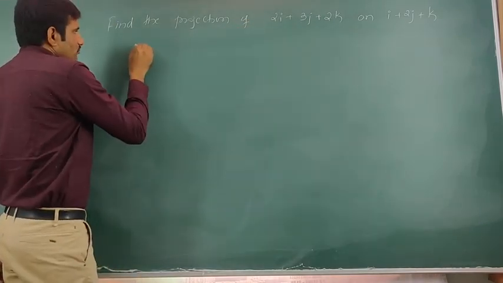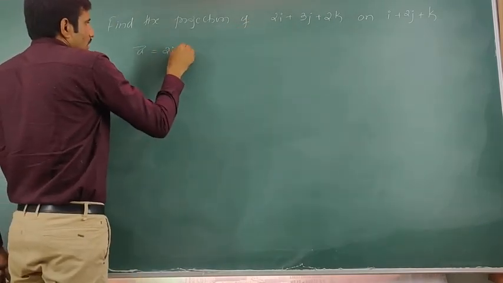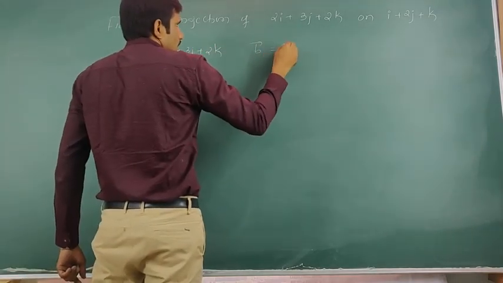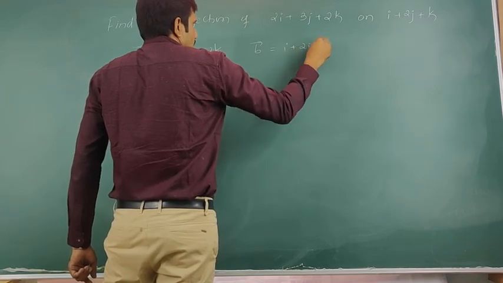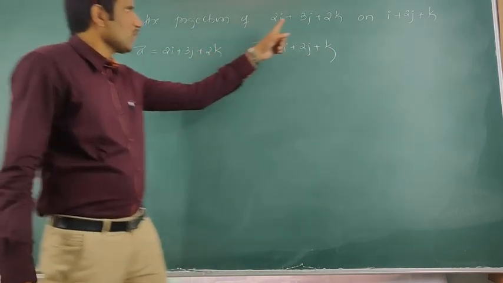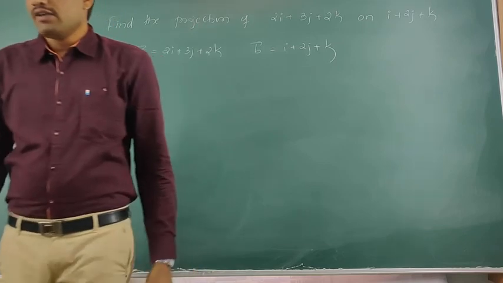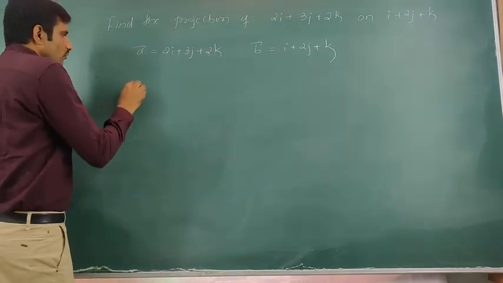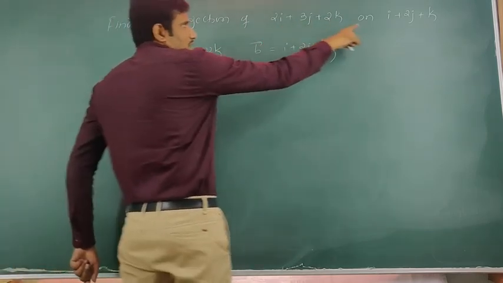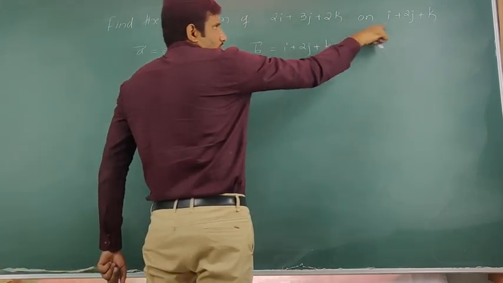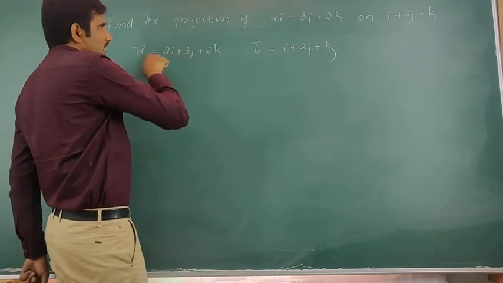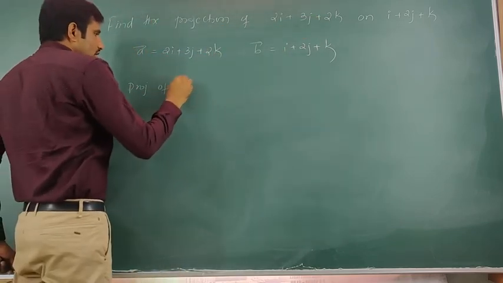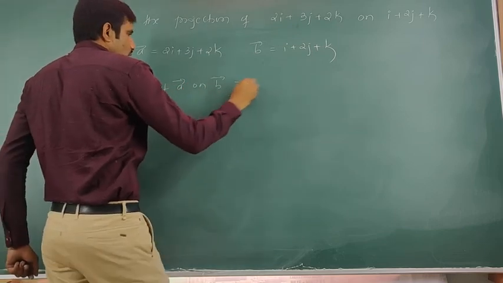The first vector is taken as vector A, which is 2i plus 3j plus 2k. The second vector is B, that is i plus 2j plus k. This is the projection of vector A on B. Take the first vector as A and the second as B, and find the projection of A on B.